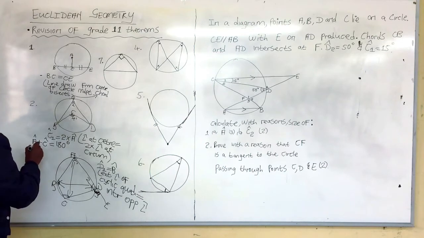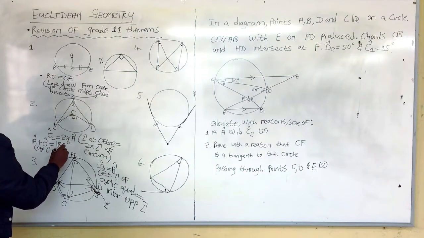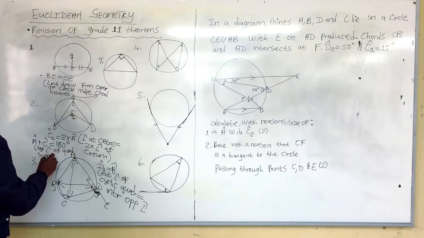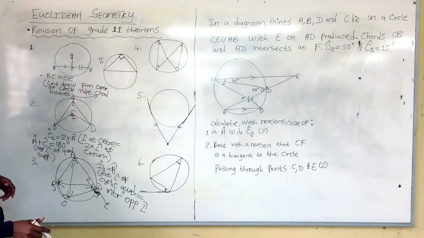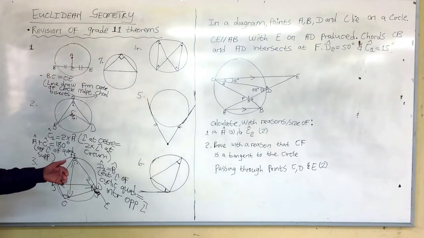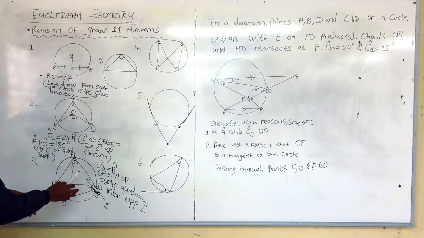Reason being, opposite angles of a cyclic quad are supplementary, or they add up to 180 degrees. Another one is that we have this internal angle D2 and then angle B. Angle D2 and angle B are opposite to each other inside the cyclic quad.